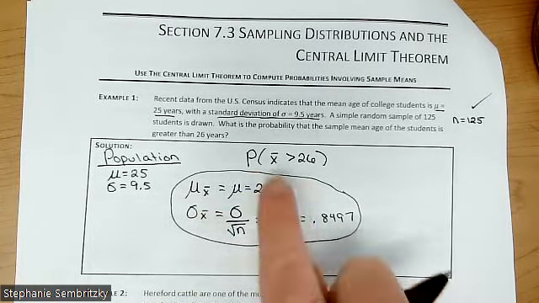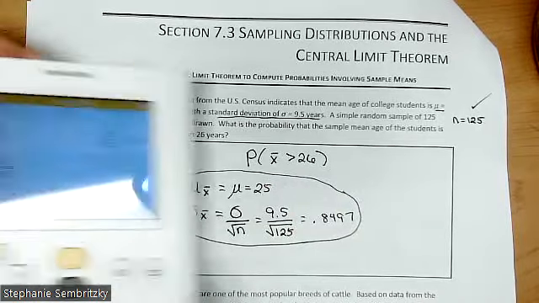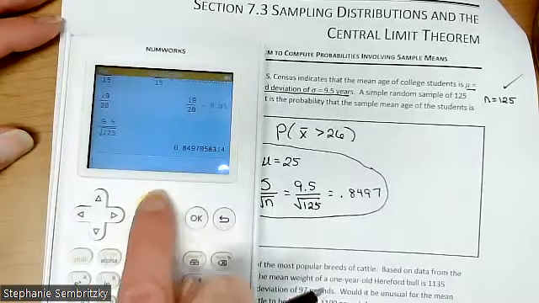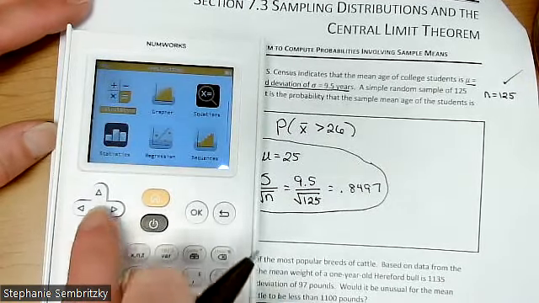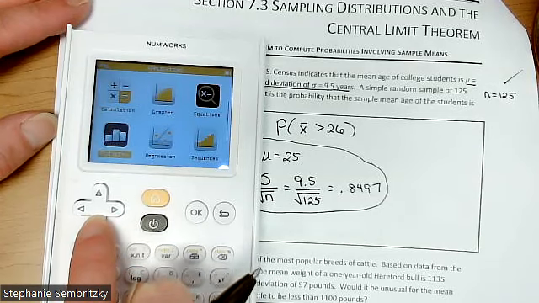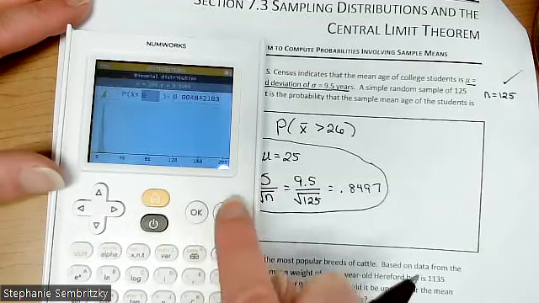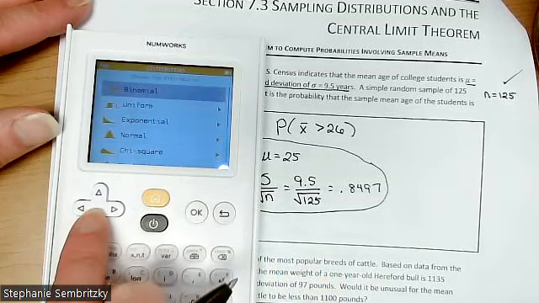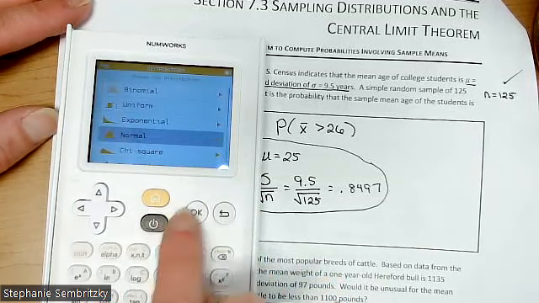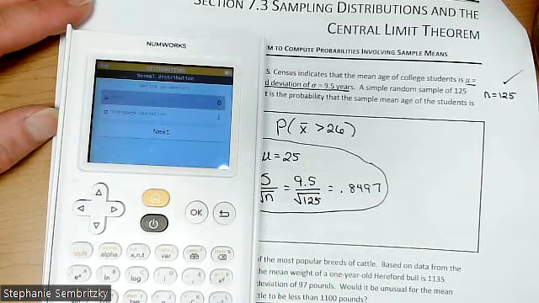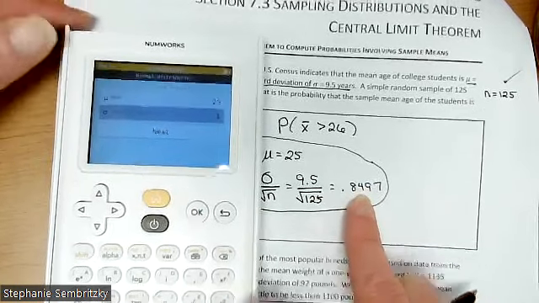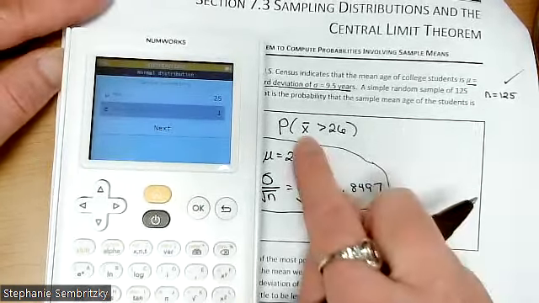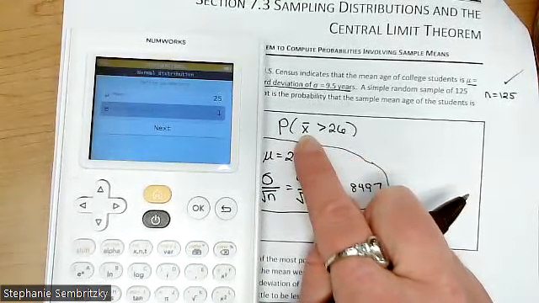to find that probability. So let me see if I can put my calculator up here. So where am I going to go to find a probability for a distribution? Distribution. Which one am I allowed to use right now? Normal. What mean am I going to put in? 25. And the standard deviation, we're trying to find the standard deviation of the means because we're not doing a probability of a certain individual.